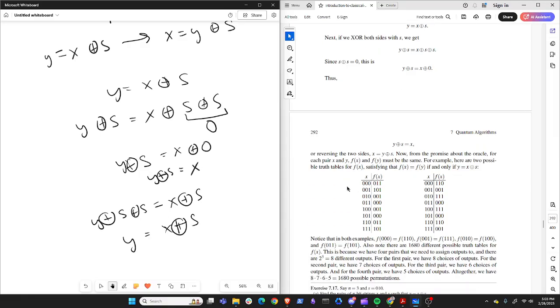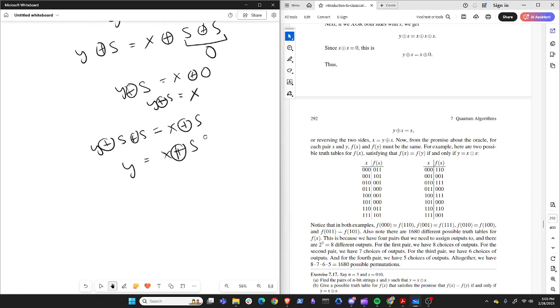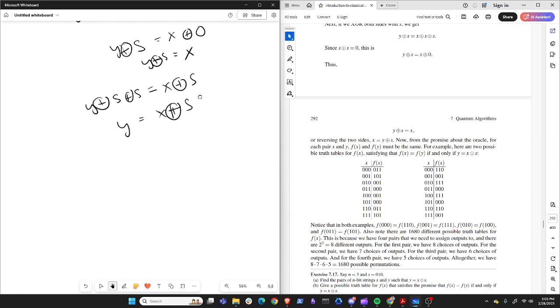So the deal with the oracle is that for each pair of X and Y, f of X and f of Y are the same.